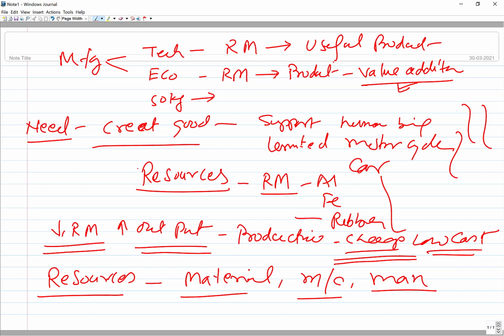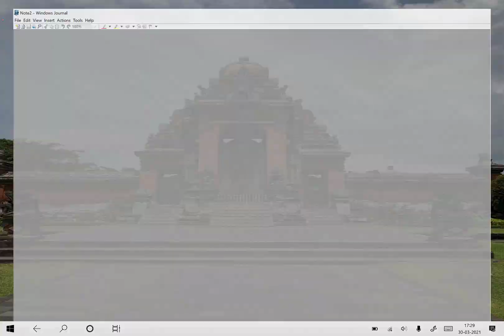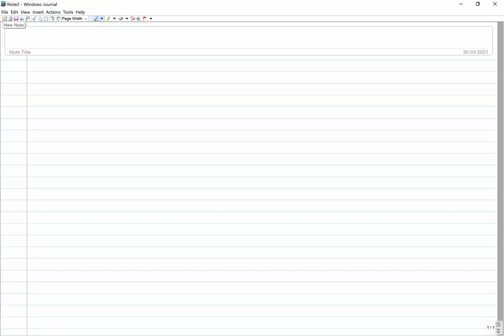There is a whole lot of resources available, and these are processed through a set of plants, machinery, and human beings. A combination of these three helps to get the products and service products at a cheaper rate, and to make things in larger volume.